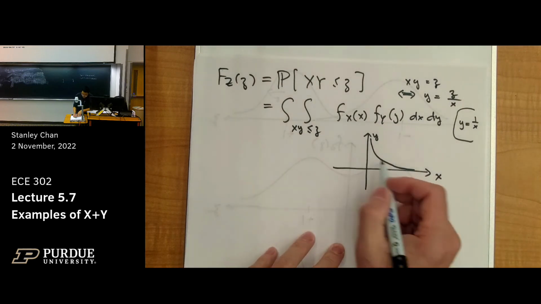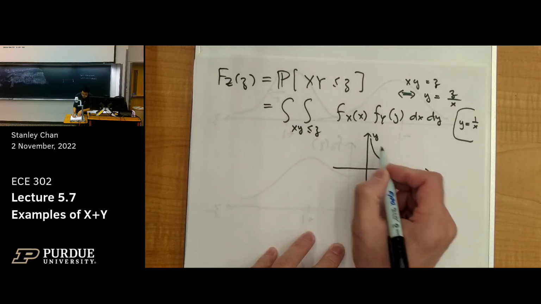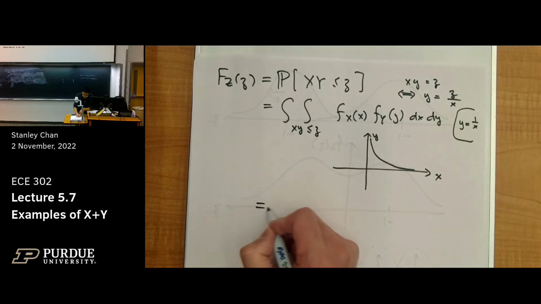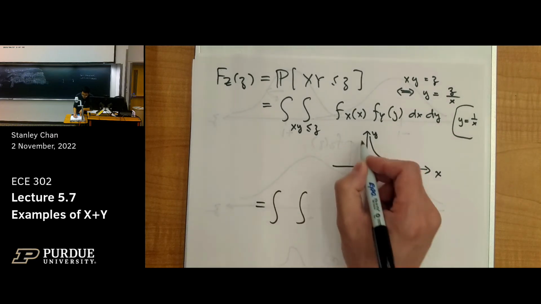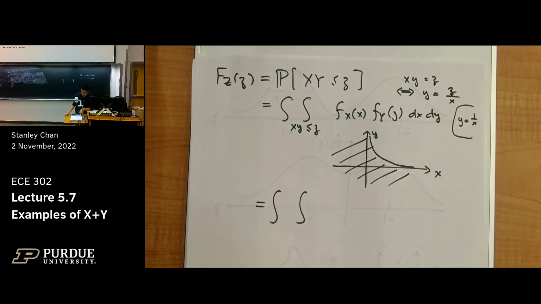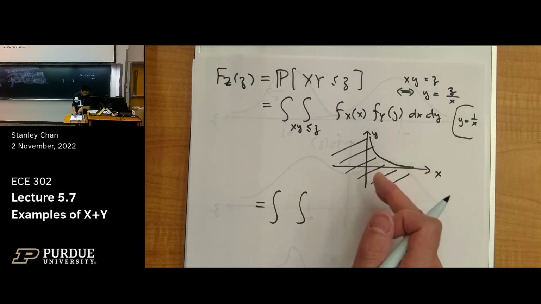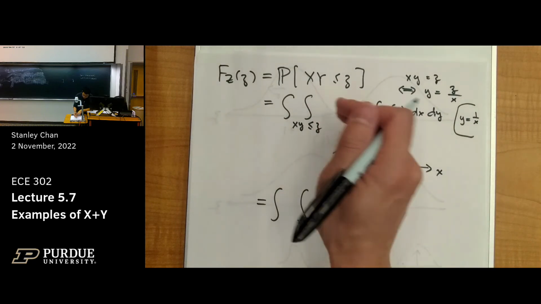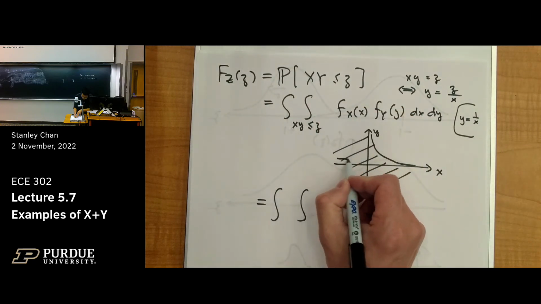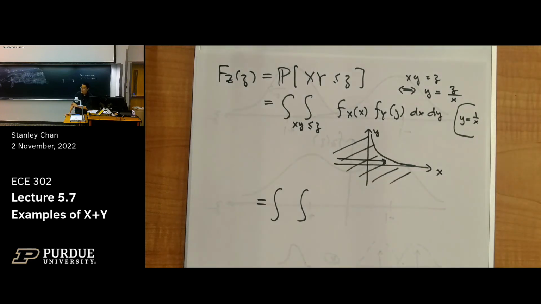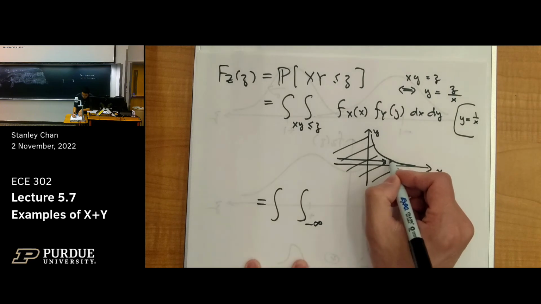then where should I be integrating? Well, the integration has to go from here to here. Let me make sure that I have the right result. So from here to here, and then from this point, it will be from minus infinity all the way to this point.